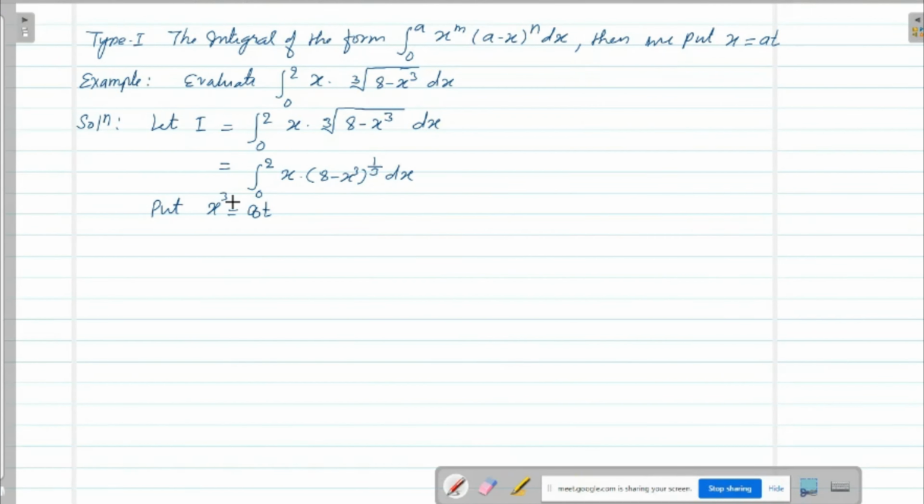So x equals (8t) to the power 1 by 3. Taking power 1 by 3 on both sides, the 3 cancels. So x equals 2 cubed to the power 1 by 3 into t raised to 1 by 3, that is, x equals 2 into t raised to 1 by 3. Getting? Now you can differentiate this.